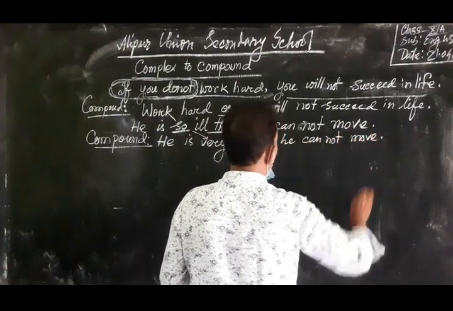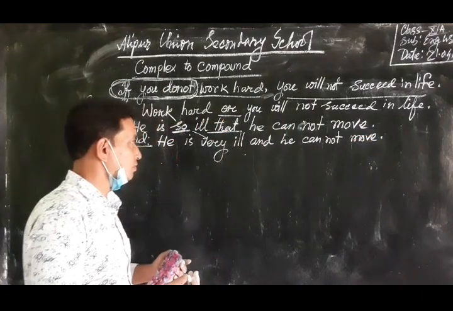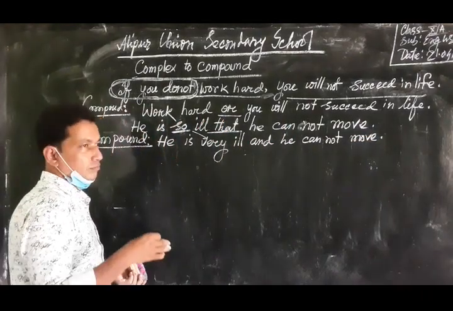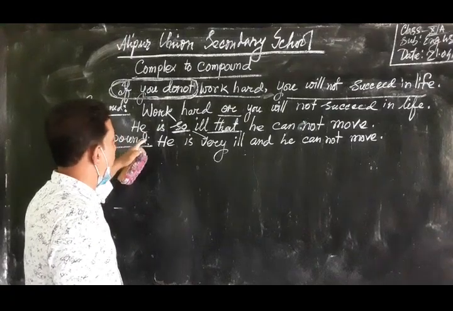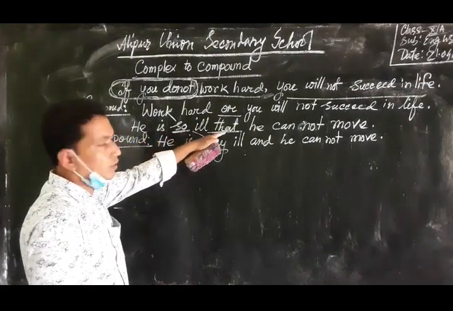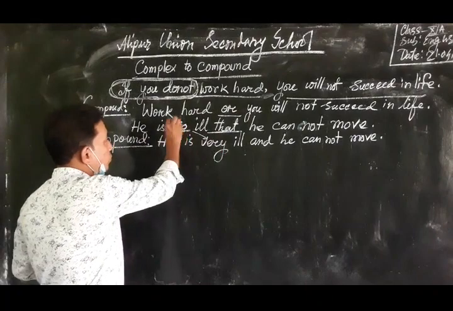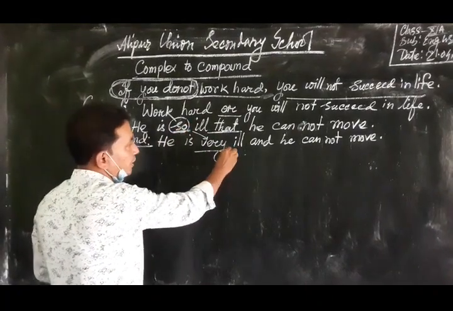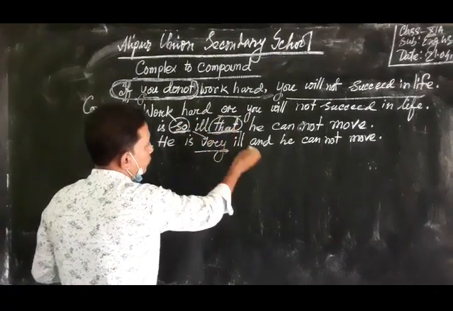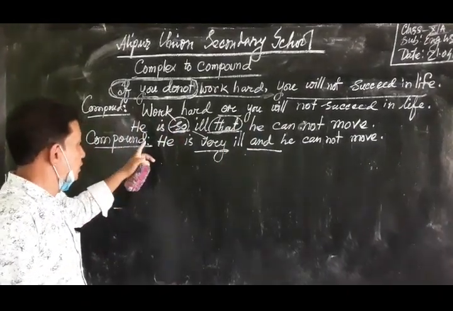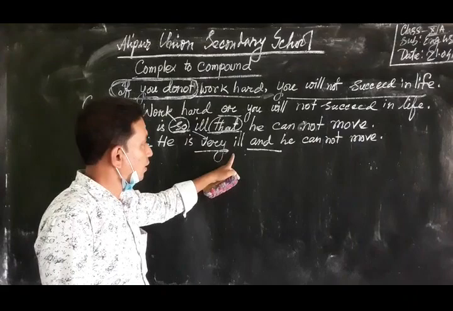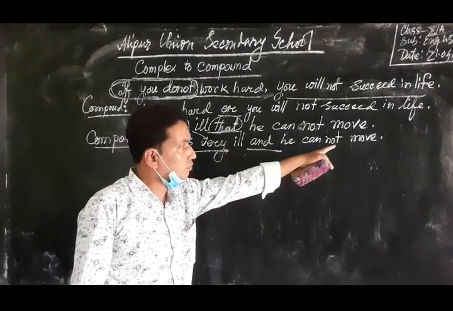Okay, dear learner, there is a simple changing from complex to compound with so that. Instead of so, we may write very, and instead of that, we may write and. Okay, dear learner. So, he is very ill and he cannot move.